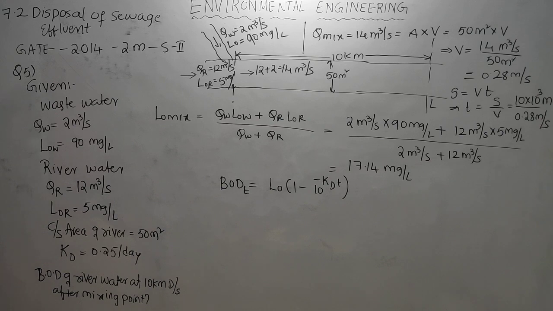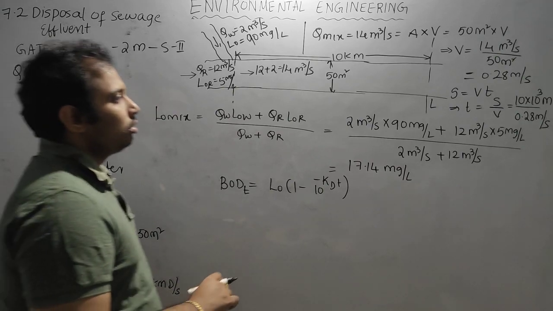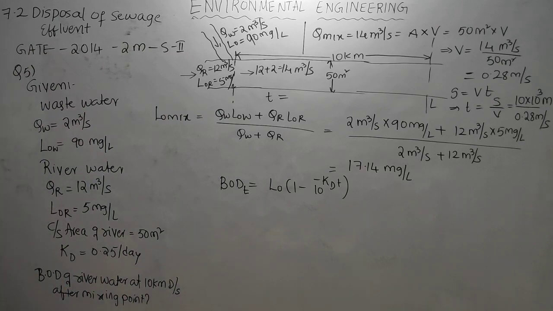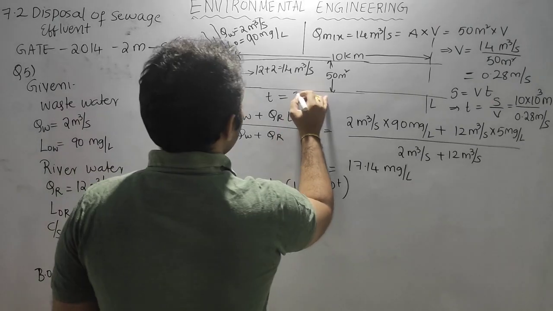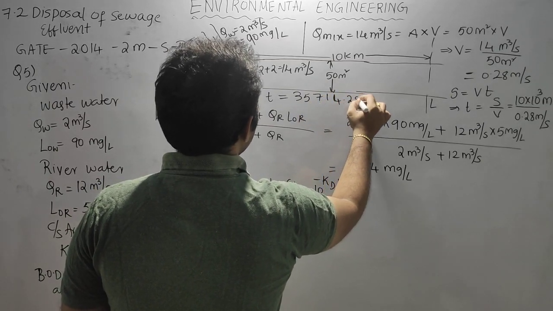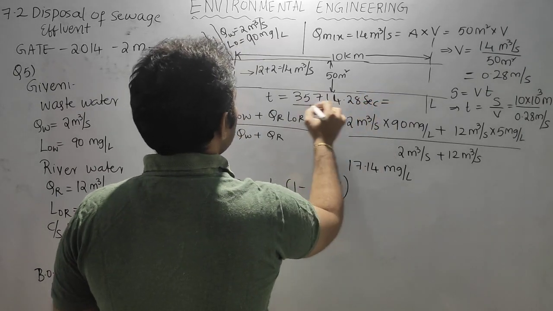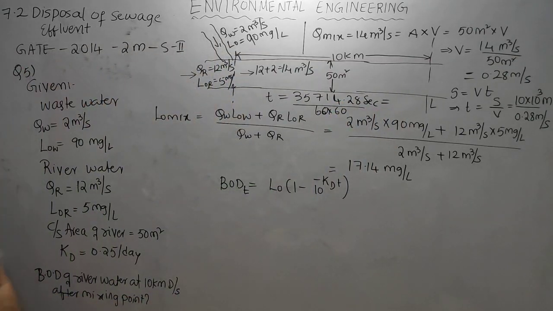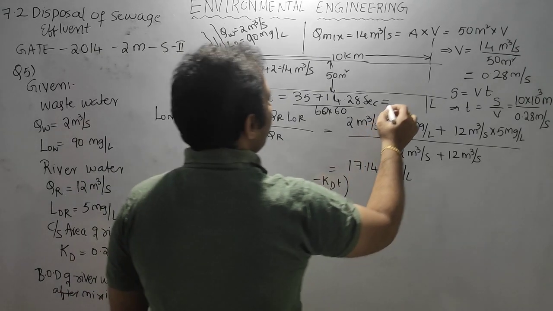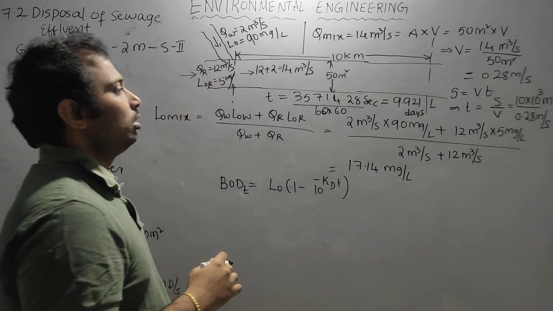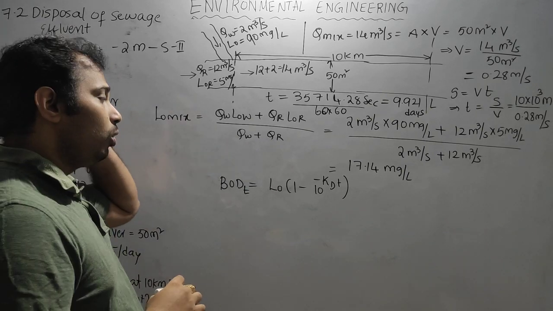If you convert into days, divide by 60 into 60, then it will become days. So that is 9.921 days. So this T is nothing but 9.921 days.